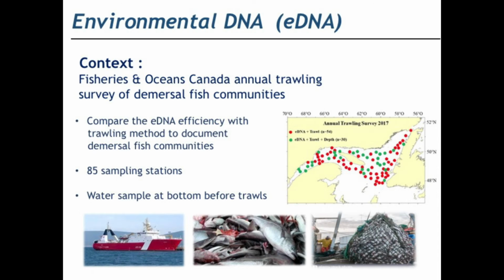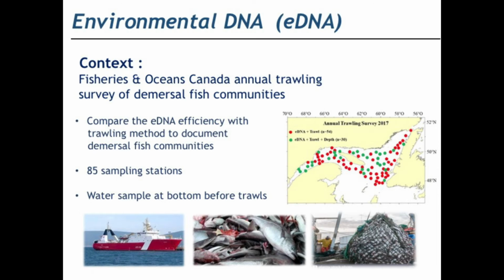They were interested to compare the species diversity in the bottom trawl with what we would see with bottom water samples, and to see if we could get some semi-quantitative information in terms of relative proportion of biomass of different species.